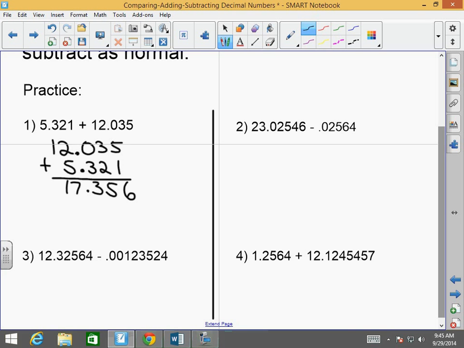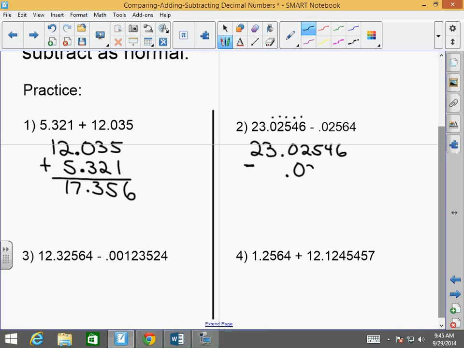All right. Number 2, I've got 23 and tenths, hundreds, thousands, 10,000s, 100,000s. 2,546 10,000ths minus 2,564 100,000ths.